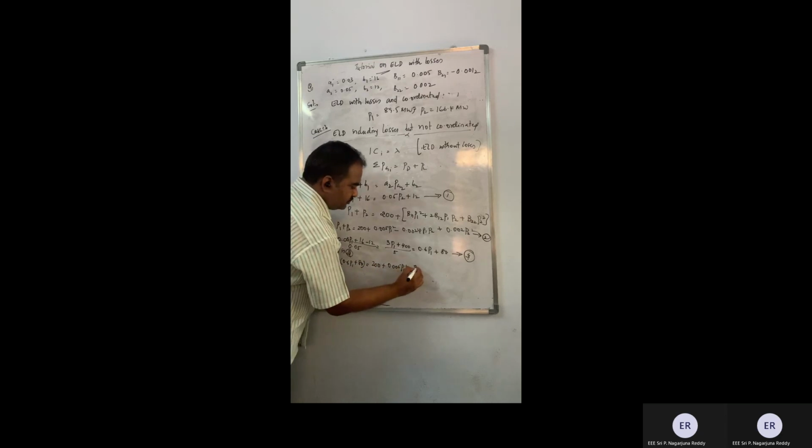In equation 2 in here. So this is P1, 0.6 P1 plus 8 plus P1 is equal to 200 plus losses minus 0.0024 P1.